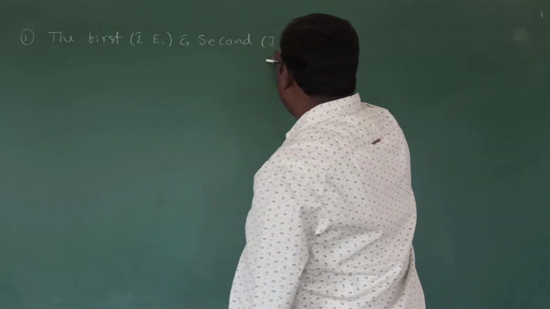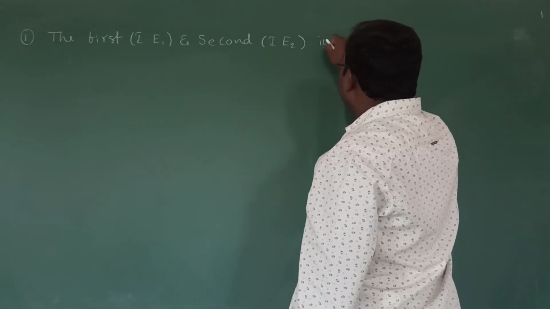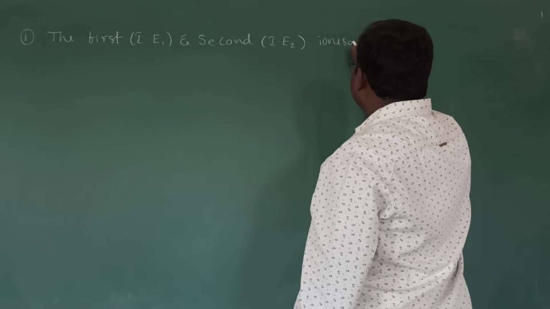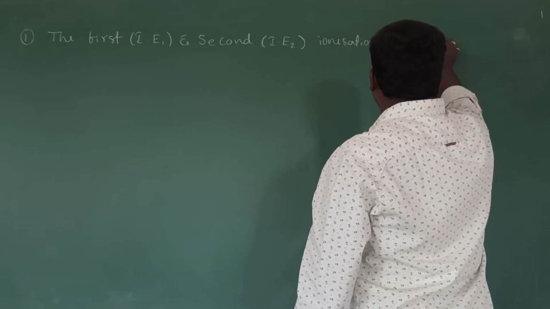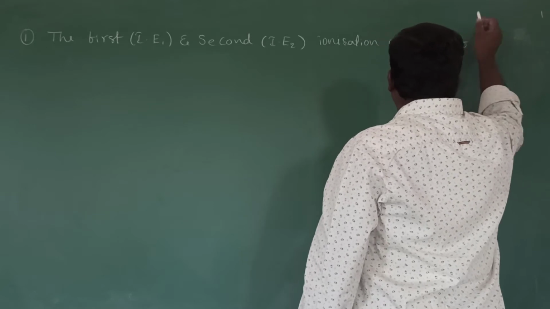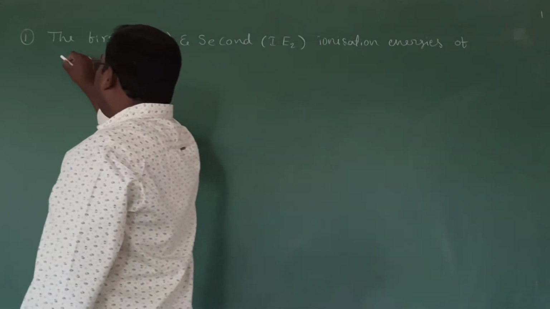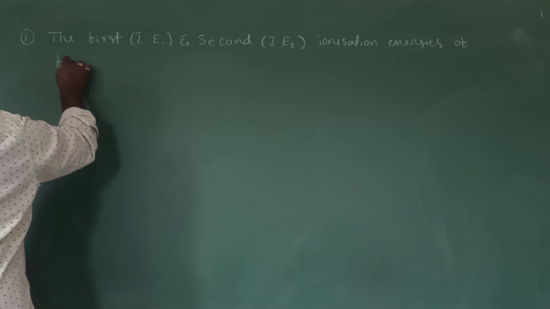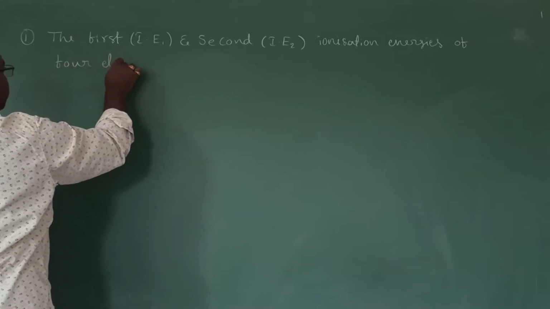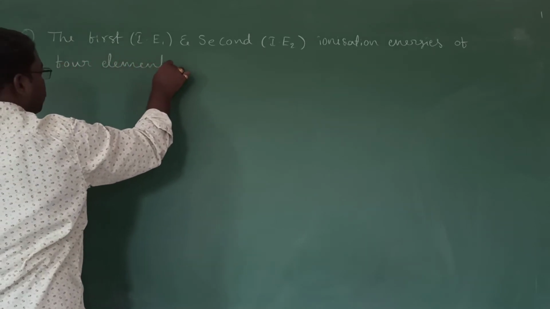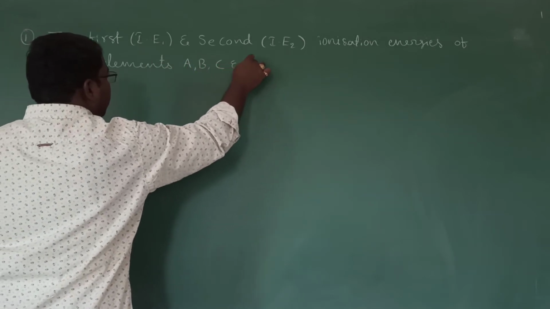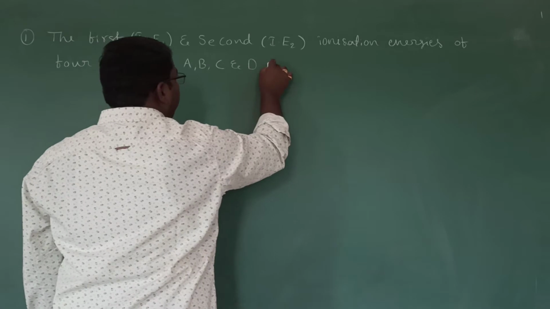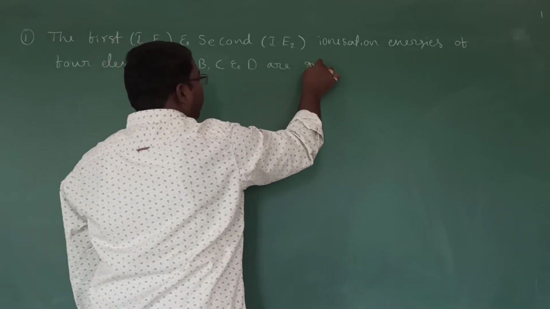The second ionization energy we represent with IE2. The first and the second ionization energies of 4 elements A, B, C and D are given below.